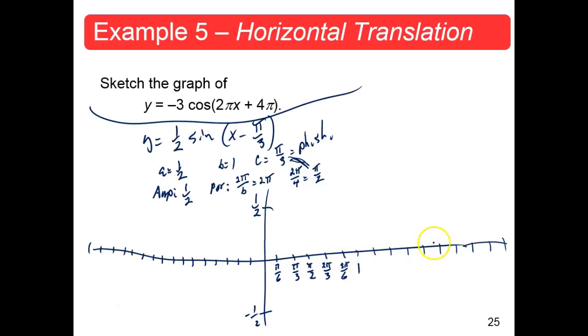Then minus pi/6, minus pi/3, minus pi/2. And on the vertical scale, 1, 2, 3, minus 1, minus 2. Yeah, somewhere out there. Okay. You get the general idea, right?